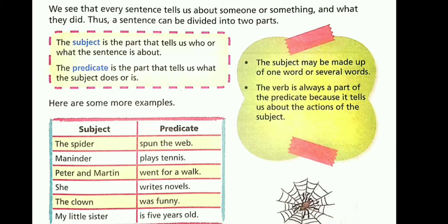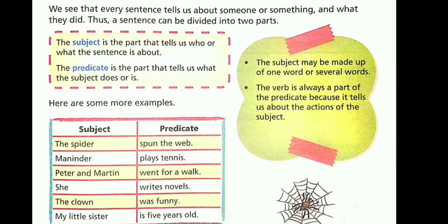So, as I already told you, whenever you are talking about a person or a thing, that is the subject. The predicate is the part that tells us what the subject does or is. So, the subject is the noun or the pronoun, and the verb is always a part of the predicate because it tells us about the actions of the subject.